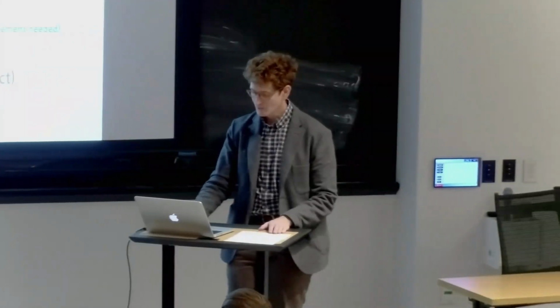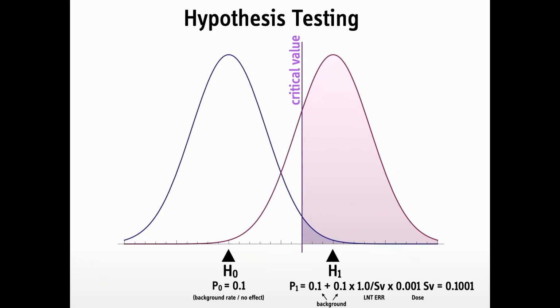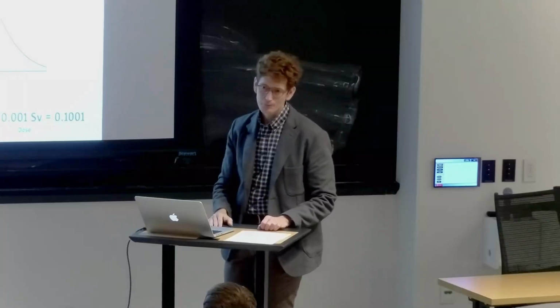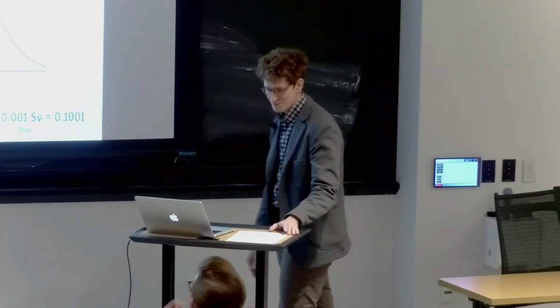OK, so let's see what we would expect. We'll assume, to make the math easy, incorrectly, that these are Gaussians, which, for large n, is a reasonable-ish approximation.